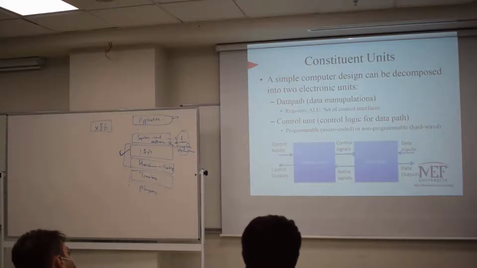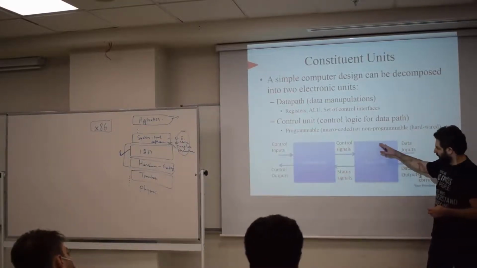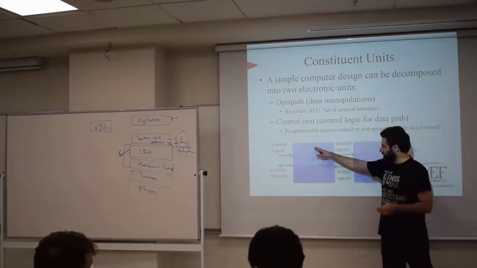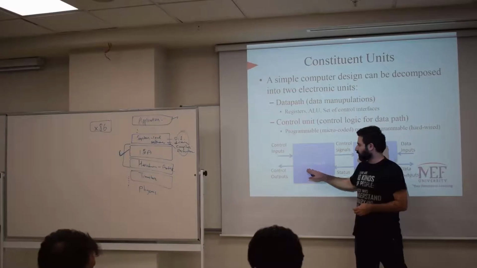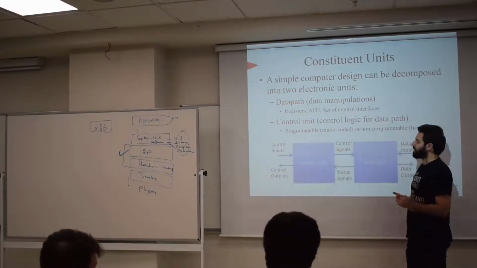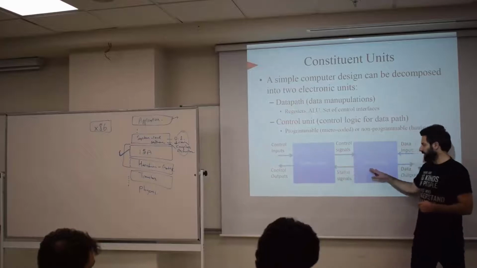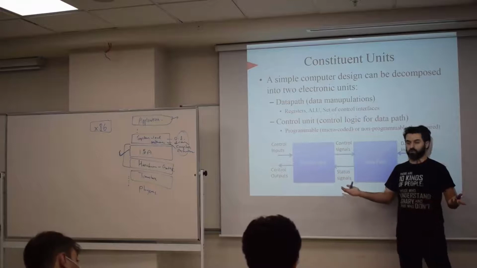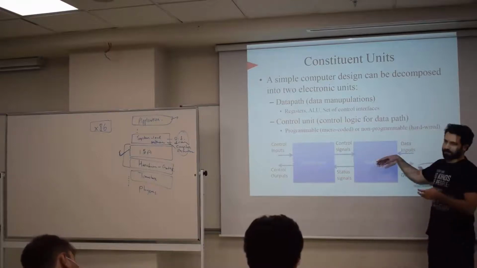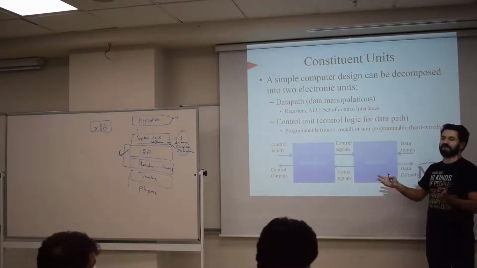Okay? So this is the overall picture that you see. Datapath on the right-hand side, control unit on the left-hand side. Control unit accepts control inputs, and of course pushes out control outputs if need be. Datapath accepts control signals from the control unit, and it sometimes pushes out some status signals, such as overflow, for example. Okay? So for example, the datapath is supposed to do some addition or multiplication using 8 bits.